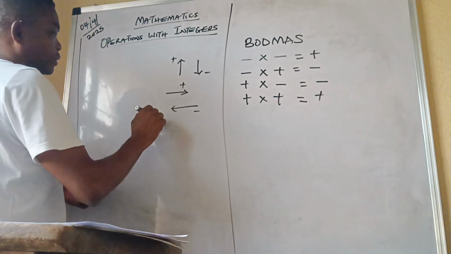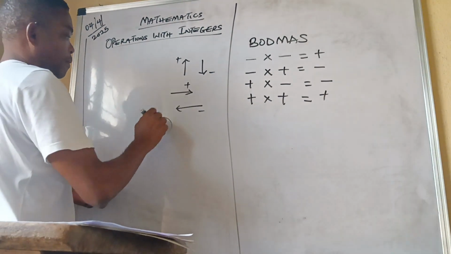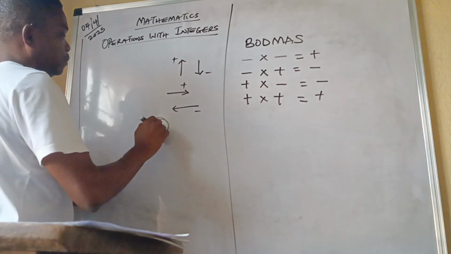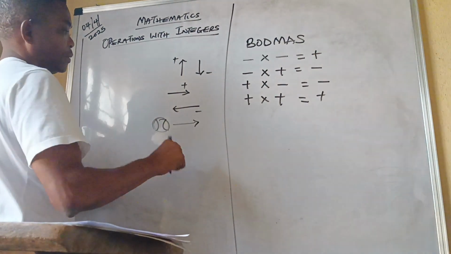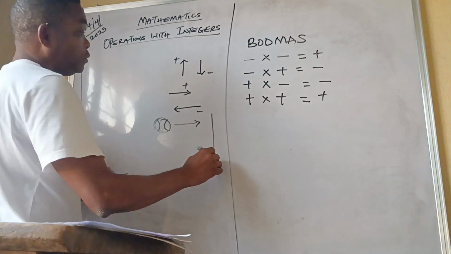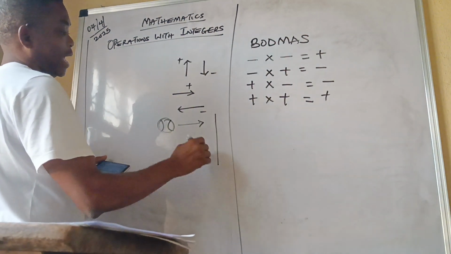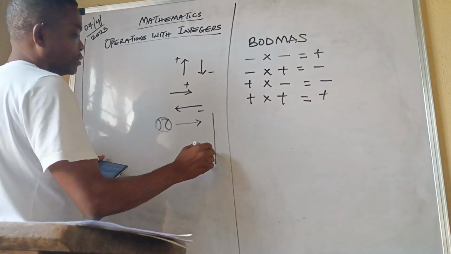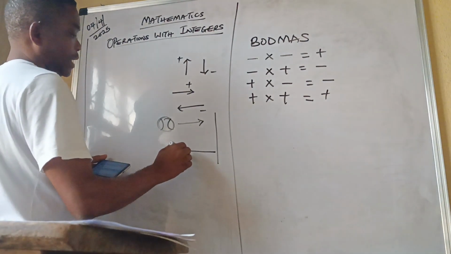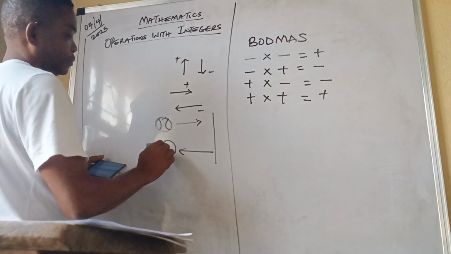If I play a ball now, this is a ball. This is a ball moving towards this direction, and there's a wall. As soon as the ball hits the wall, it will rebound back in an opposite direction.